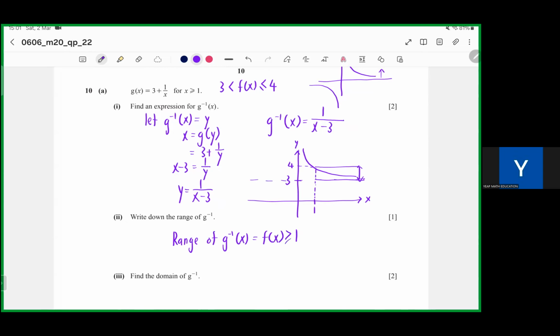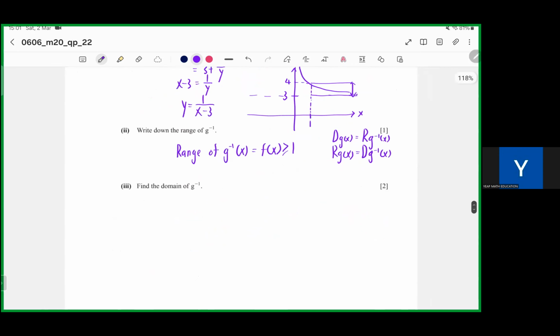Why? Because as we know, the domain of g(x) equals the range of the inverse g(x), and the range of g(x) equals the domain of the inverse g(x). So I hope you can understand it.